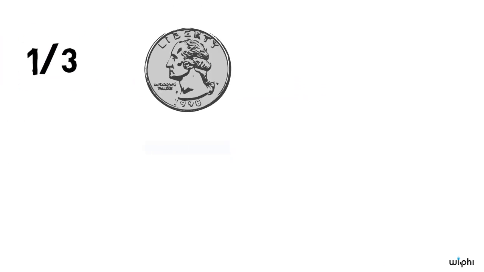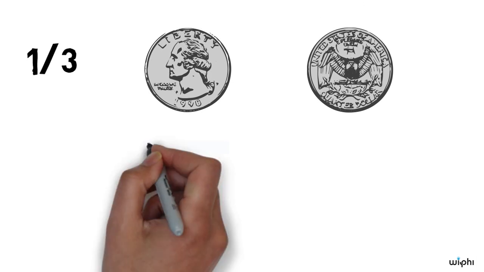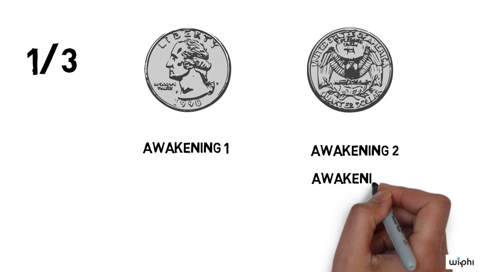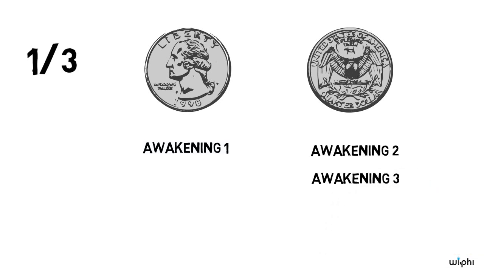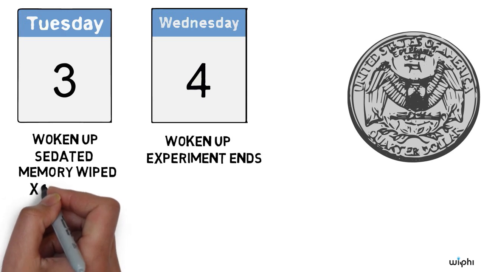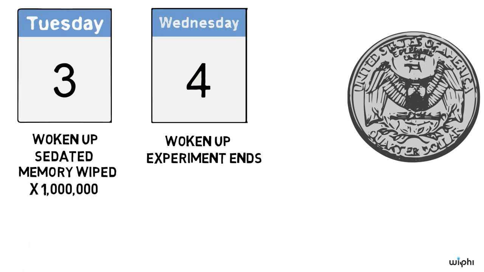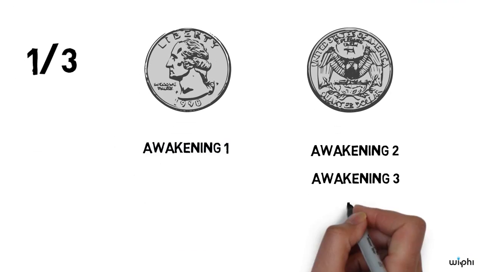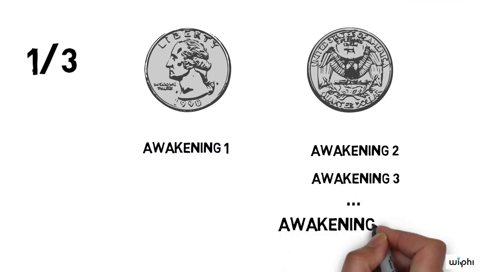Remember that we thought the answer should be 1/3 because there are 3 total potential awakenings and only one of them happens when the coin lands heads. Let's change the experiment a little bit but apply the same logic. Everything is as it was before, except that instead of being woken up once on Tuesday, we wake Sleeping Beauty up 1 million times on Tuesday. Now, there are 1,000,002 total potential awakenings.